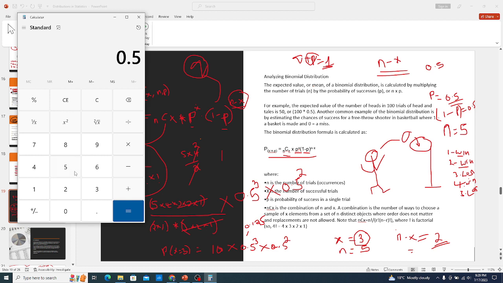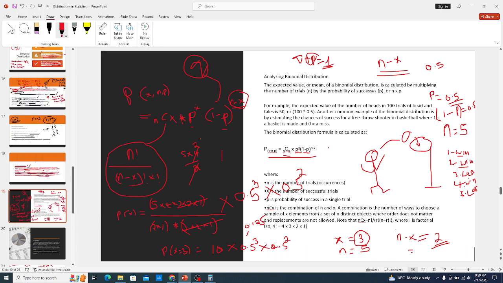So 0.5 multiplied by 0.5 multiplied by 0.5. Yes, I was correct. So 0.25, and this one will be 0.25.